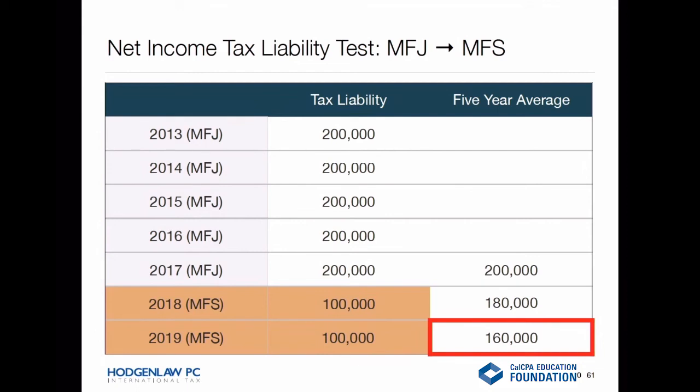So that 160 is below the 168,000 threshold that exists for 2019. So if this hypothetical person were to expatriate in 2019, or actually they would have to do it in 2020, they would meet the net income tax liability test because they started filing separately for 2 years.